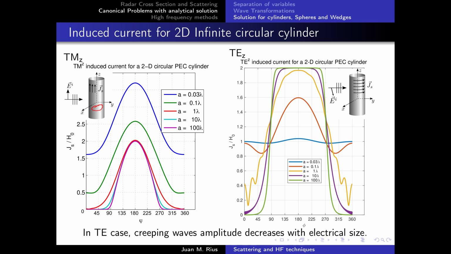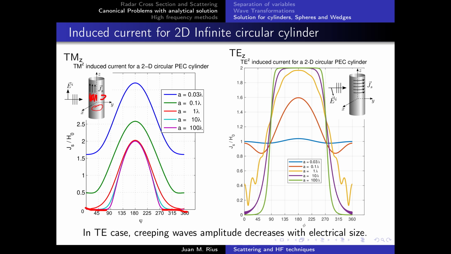The current is almost zero in that region, which is the region that is in shadow with respect to the incident field. The incident field is in that direction, so we have electric field incident only on that part of the cylinder, but not here.